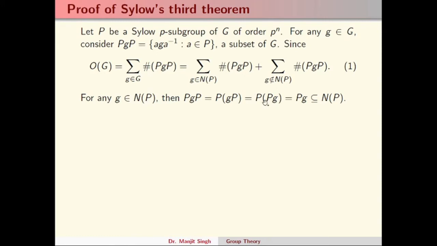So gP equals Pg. If you apply this action on elements of P, because P is a subgroup, then that will be the same as Pg, because P is contained in Pg, and with respect to identity e you can write it this way, and therefore this can be written as Pg.